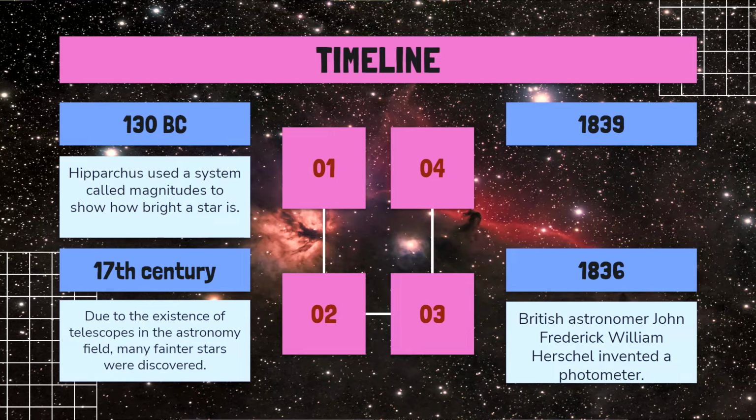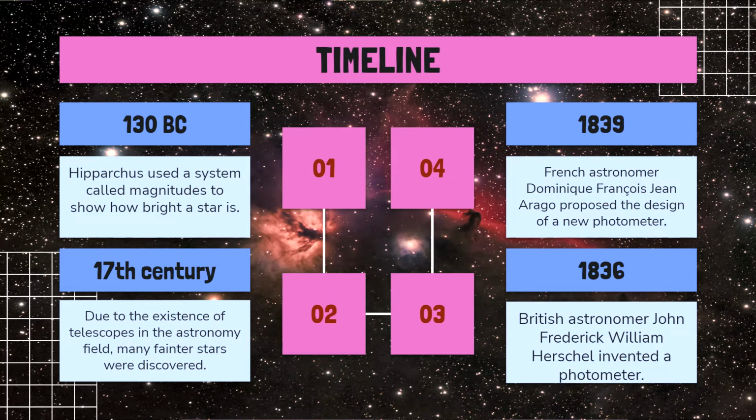In 1836, British astronomer John Frederick William Herschel invented a photometer, first called an astrometer, that allowed the observer to visually compare the brightness of stars using a scale based on the reduced telescopic image of the moon. It was the first true photometer that was invented.